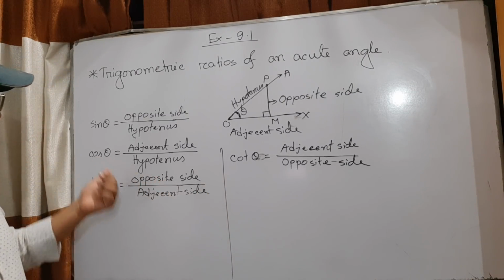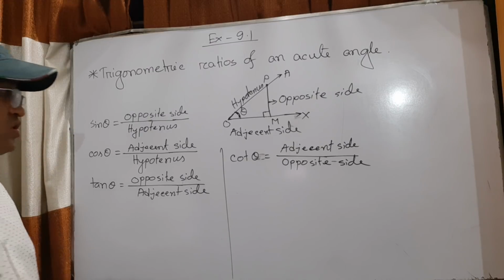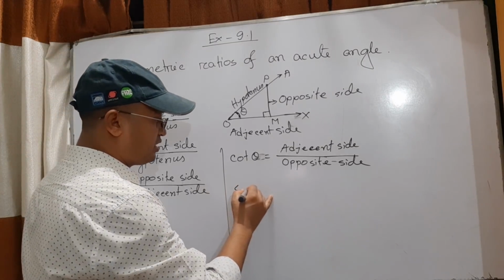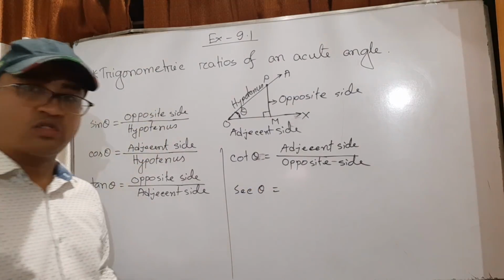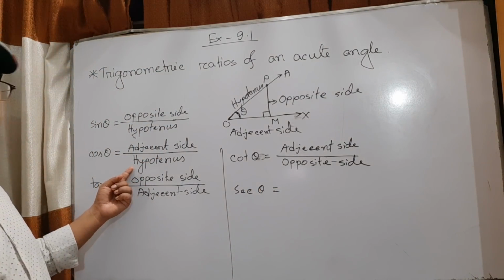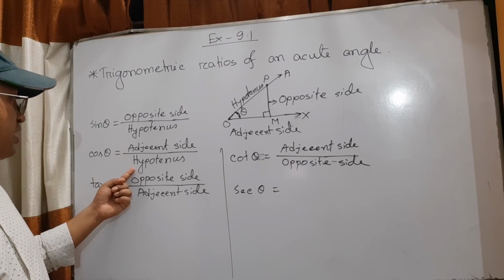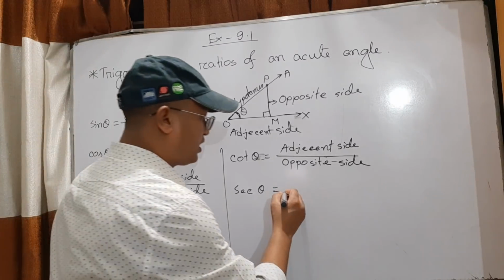So what is the opposite of cos theta? That is sec theta. Sec theta is the opposite of cos theta, so it will be hypotenuse by adjacent side.